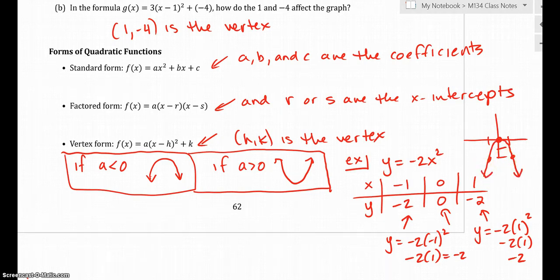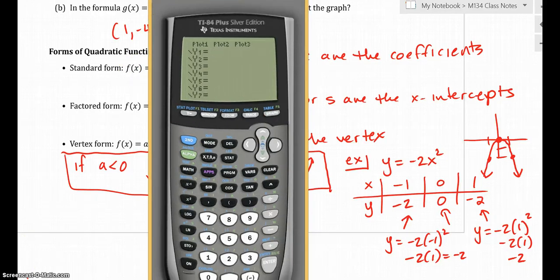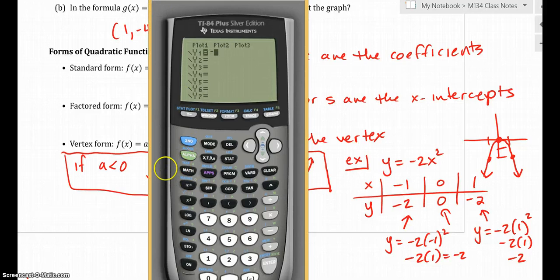Or you could graph it on your calculator and see how that looks. So if you go to y equals and plug in a negative, and again, it has to be that negative key, negative, not minus, 2x squared. And I'm just going to go straight to graph without making the table this time. And see if it does indeed go downward. There it is.